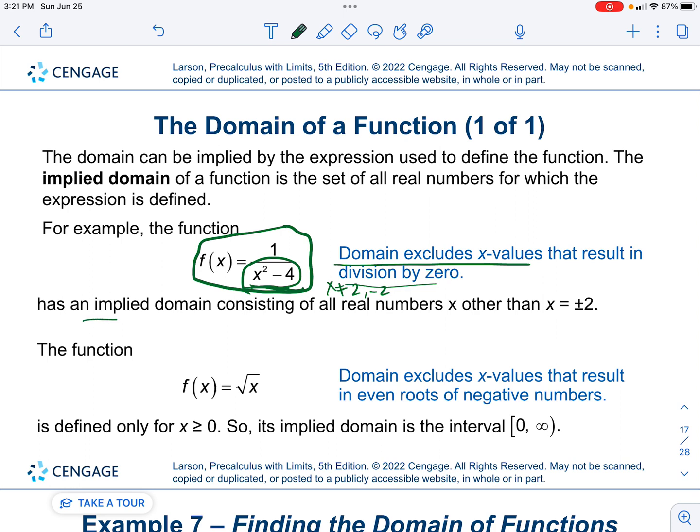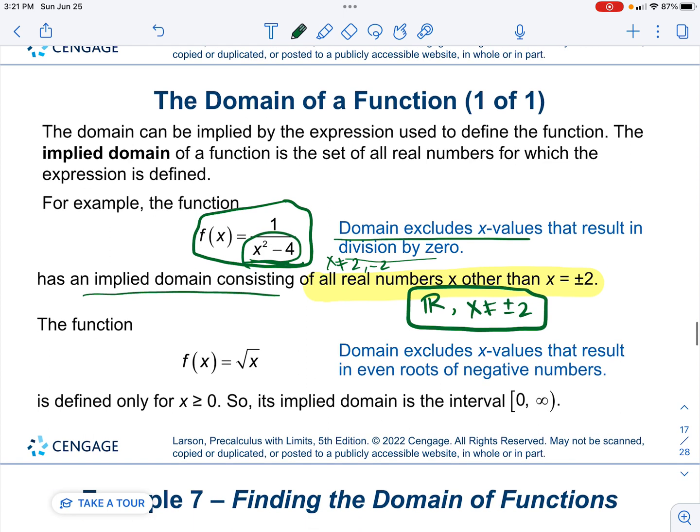So the implied domain would be, I'll highlight it, all real numbers, just not x equals 2 or negative 2. Another way you'll often see that written is real numbers, comma, x not equal to plus or minus 2. It's a little bit more concise way to write that.